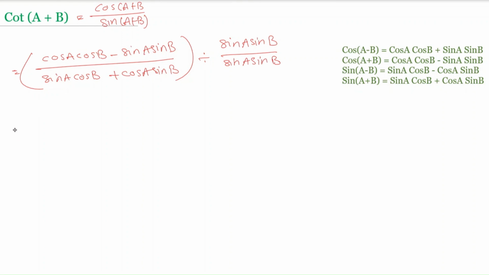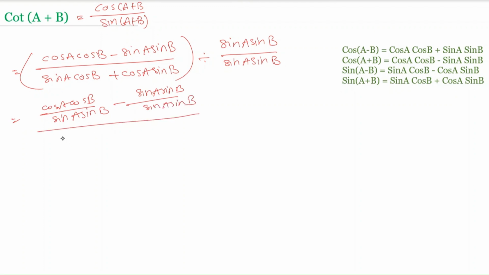From the first term, we get cos A cos B upon sin A sin B, minus sin A sin B upon sin A sin B. That's for the numerator.